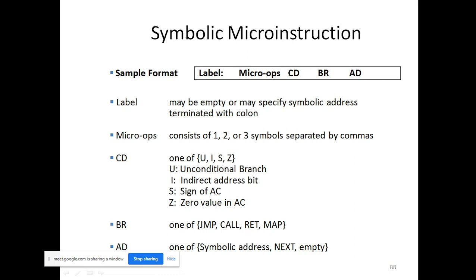The starting are the fields, the second one is the condition. In condition there may be a symbol of U, I, S or Z. Coming to branch, that may represent JMP, call, return or mapping of that instruction. Coming to the last one, the address field. In address there are 3 types.